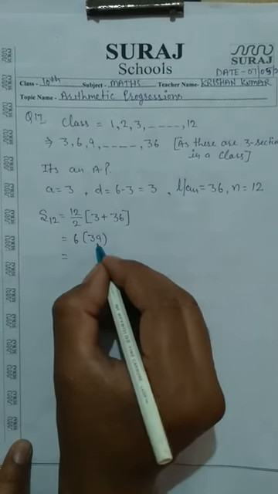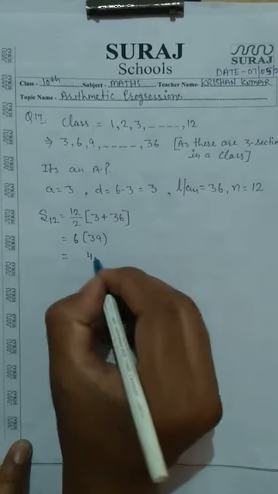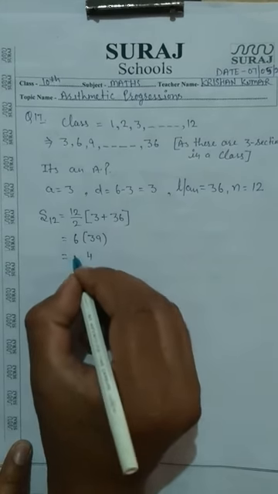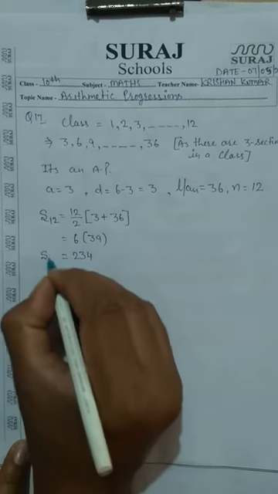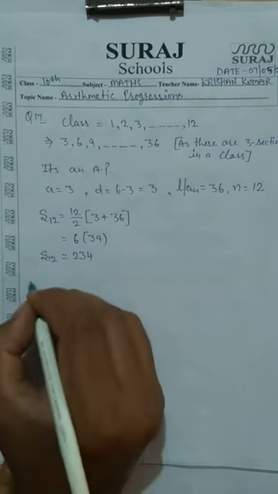6 nines are 54, 4 and 5 carry. 6 threes are 18, 18 plus 5 is 23. S12 is 234.